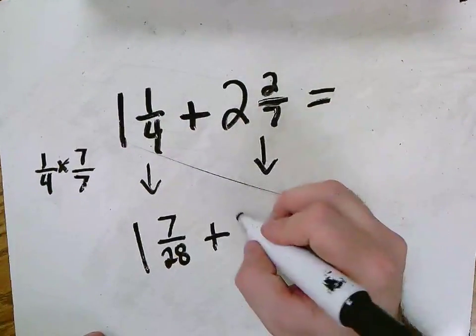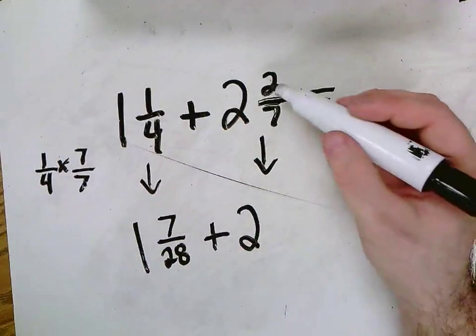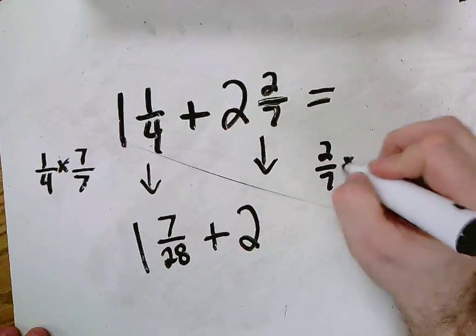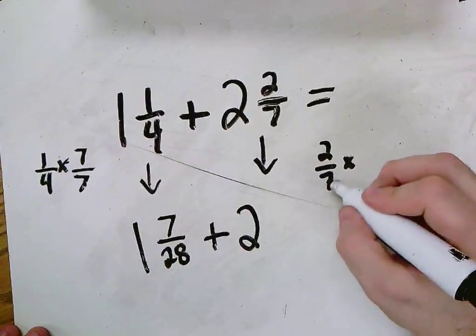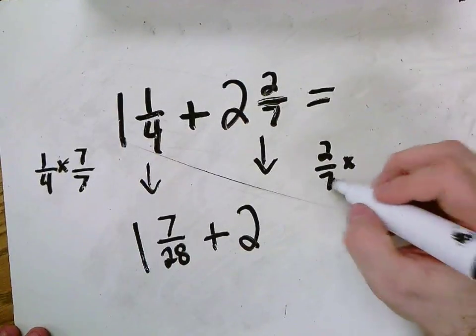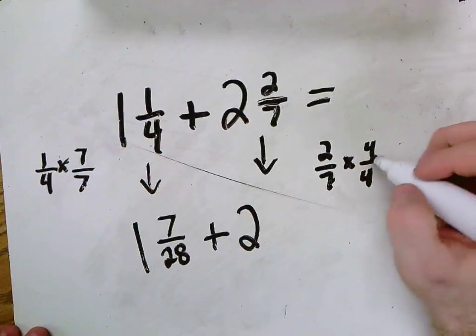Next, I'm going to just bring down the whole number part because I'm not going to do anything with that. And then 2/7 I'm going to bring over here to the side. I know that I want 7 to turn into 28. How do I go from a 7 to a 28? Times 4. What I did to the bottom has to happen to the top.